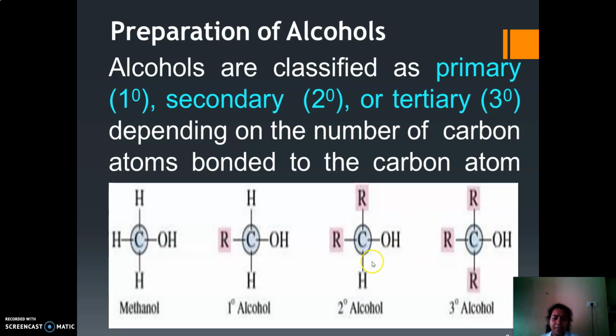So here you can see we are adding hydrogen to an aldehyde, it will yield a primary alcohol. If we are conducting hydrogenation in ketones, it will form a secondary alcohol, that we can see.